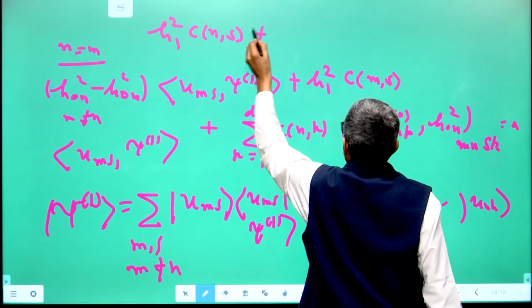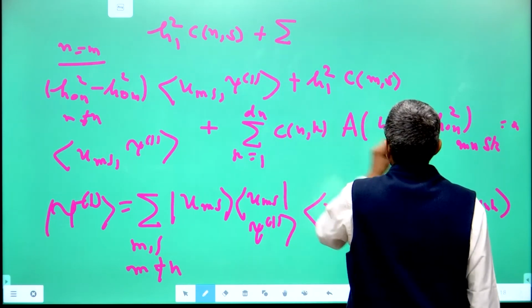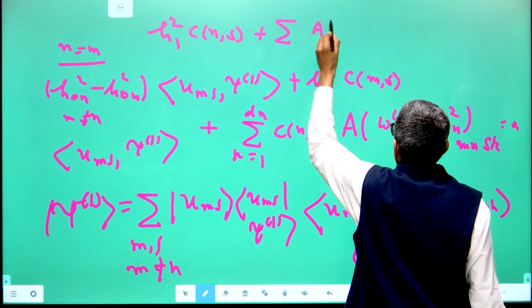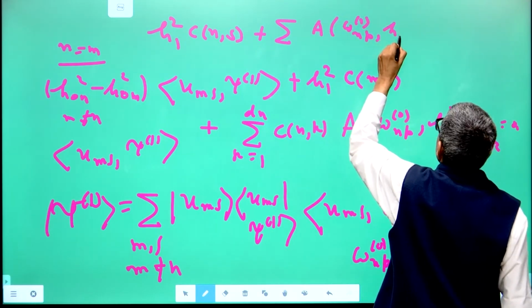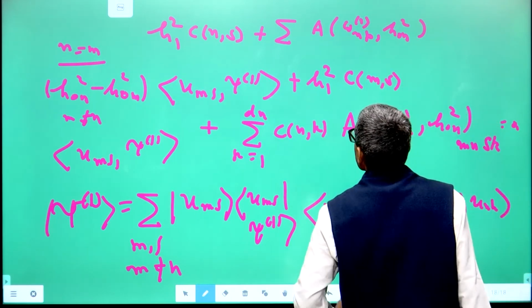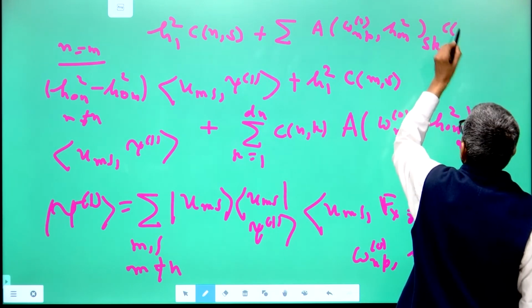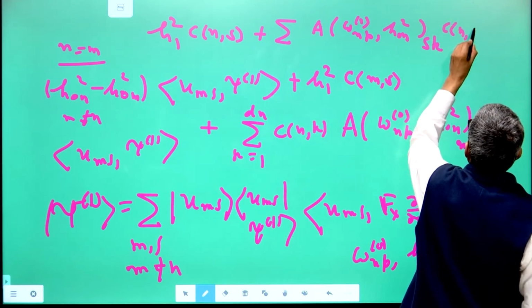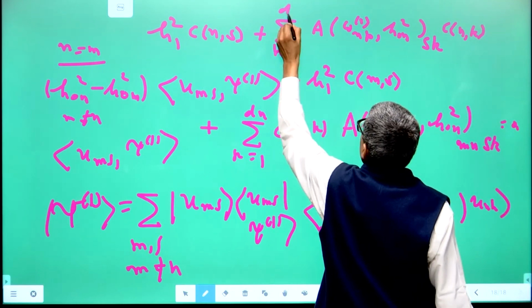So this plus summation, this will become a matrix, say A of omega 0 np, H0 n square, and then you will have S_k into C_ns, C_nk, where k goes from 1 to Dn, equals 0.